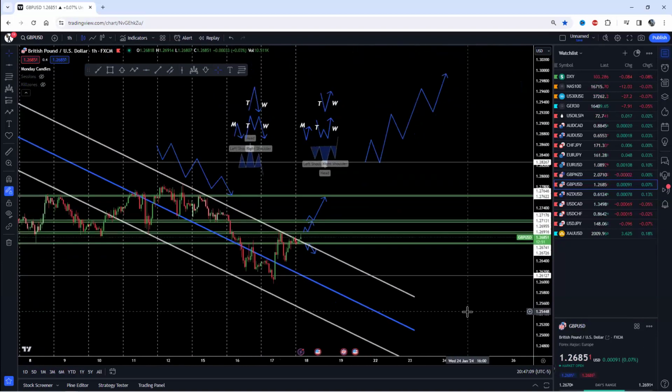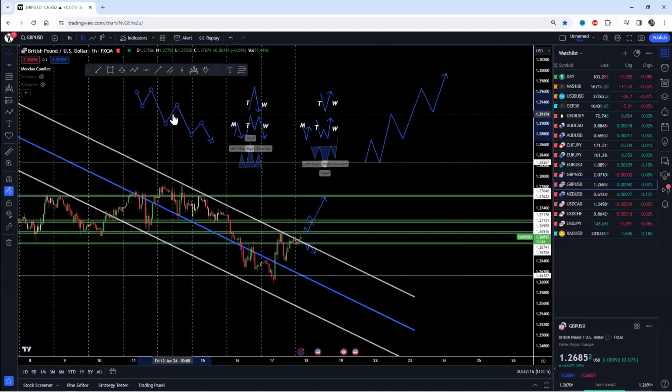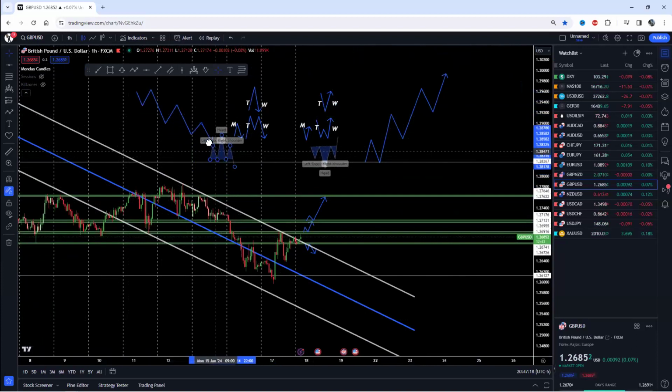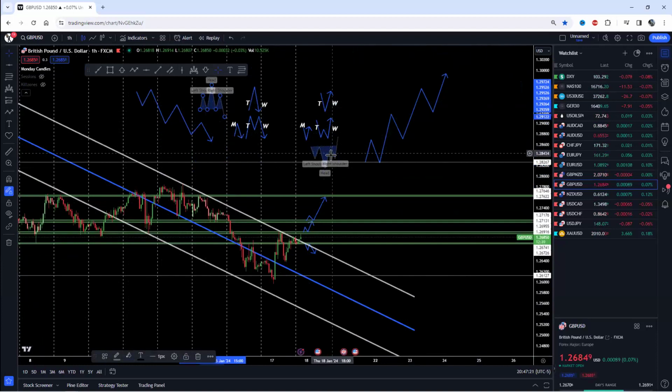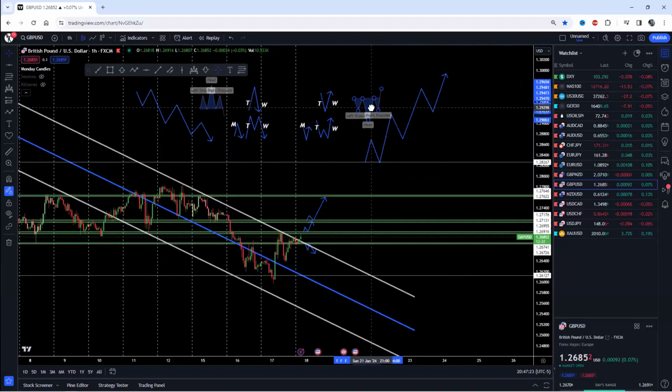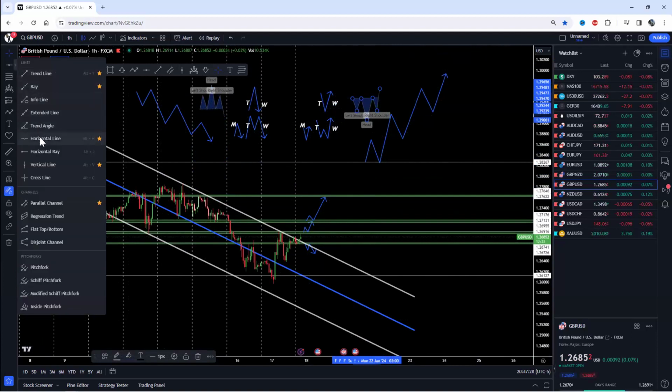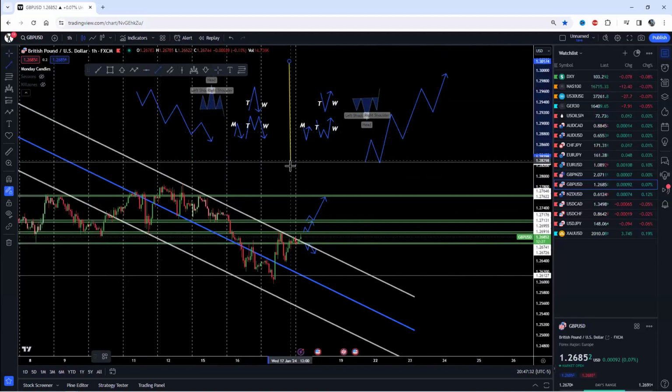So these are the main things right now that you want to master, of course, in the academy. These shapes. Either head and shoulders, know when the head and shoulders are formed.